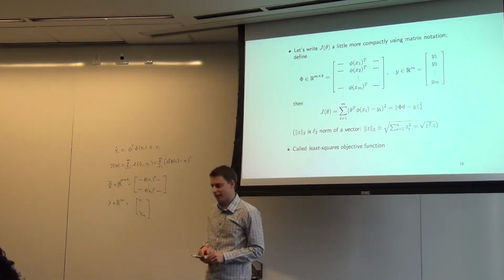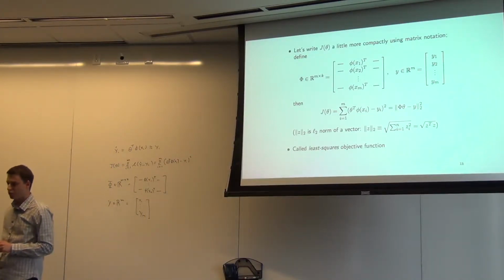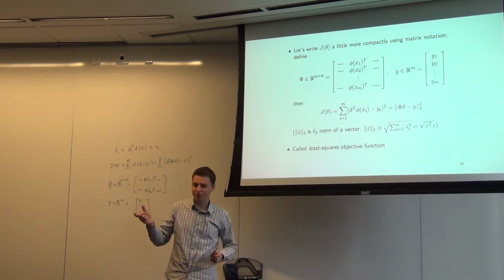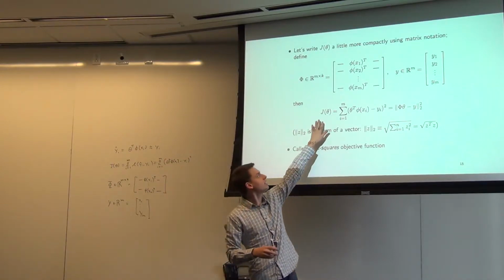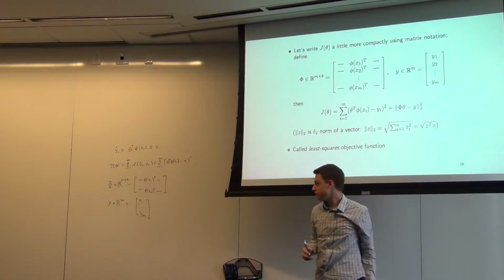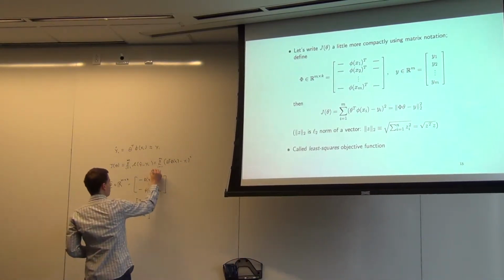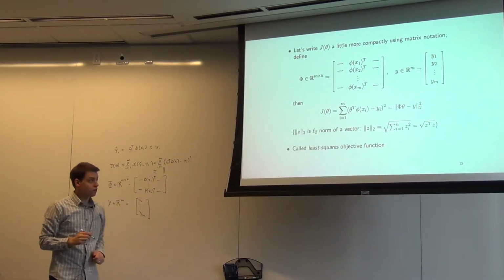So now I want to make a claim. And it's oftentimes easier to deduce these claims after the fact rather than sort of derive them in the first place. But I'm going to claim that j of theta is equal to this term here. It is equal to the L2 norm.